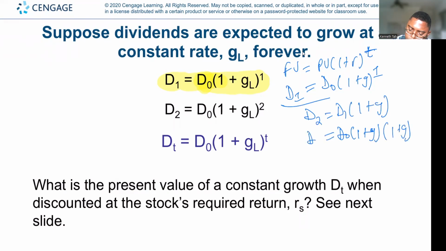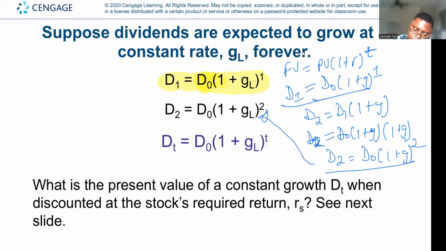So that means D2 becomes D0 times 1 plus G raised to the power 2. So we can generalize it: if we have 1 year, raised to the power 1; if we have T years, raised to the power T.